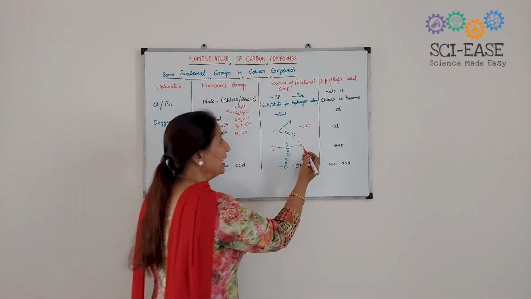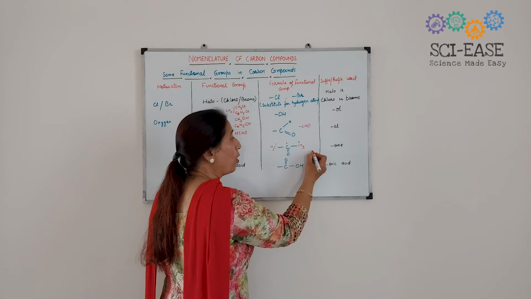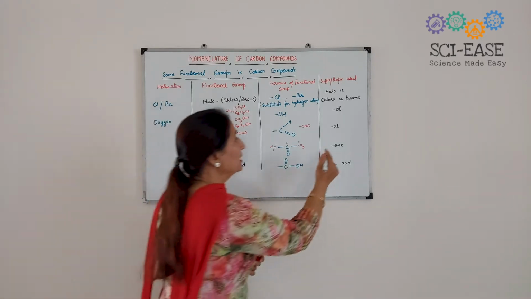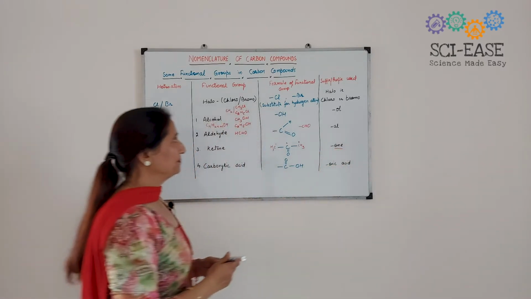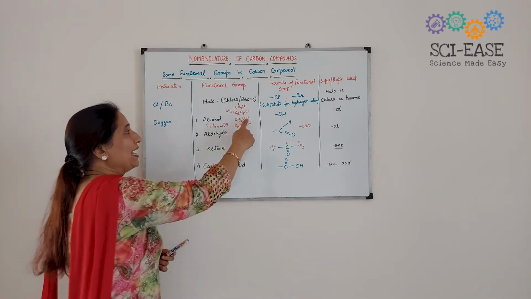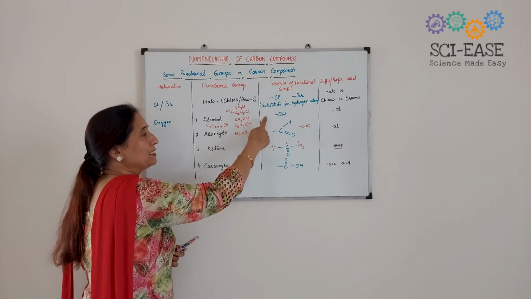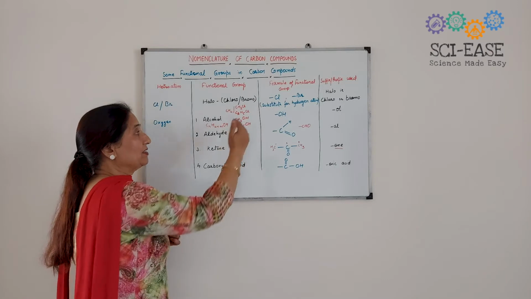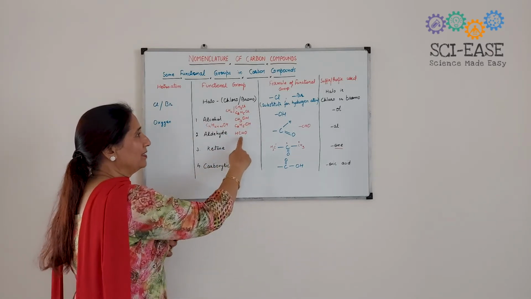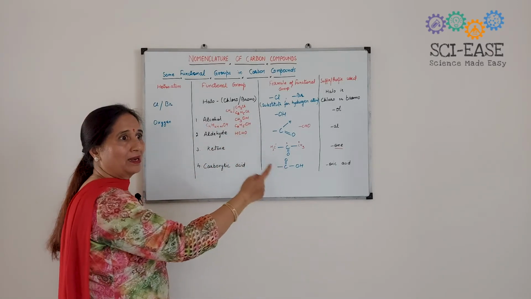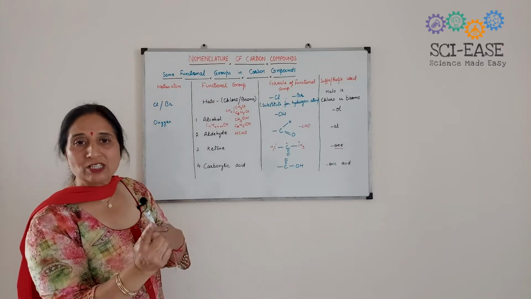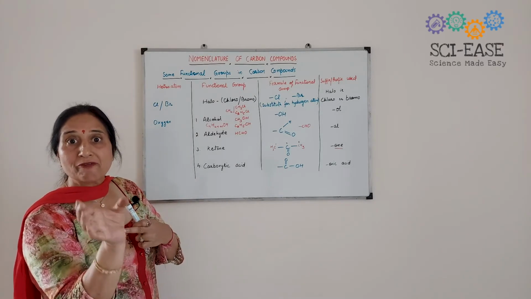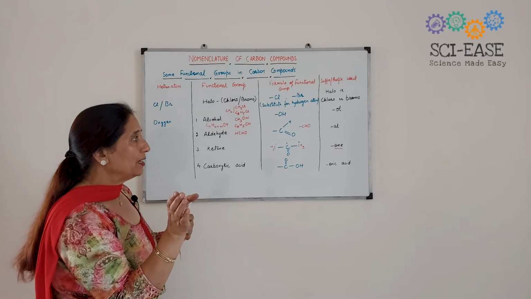We will delete the E of alkane and add -one. Methane, E will be deleted, methanal, ethanal. Here the E will be deleted, and in place of that the suffix for the functional group will be used.